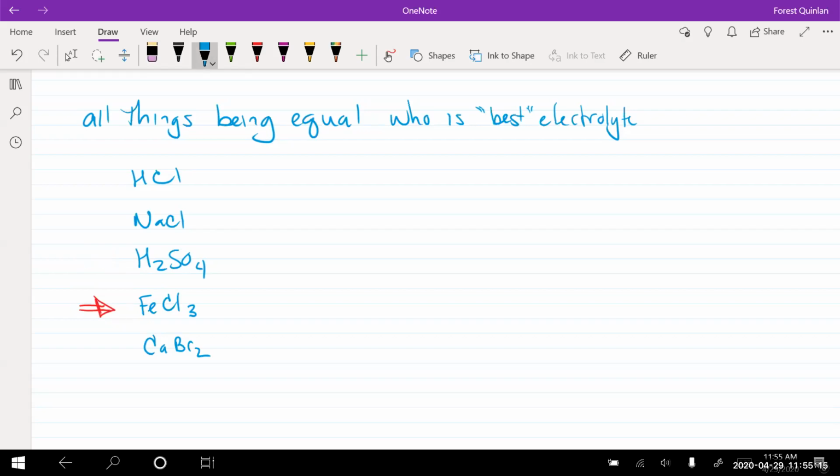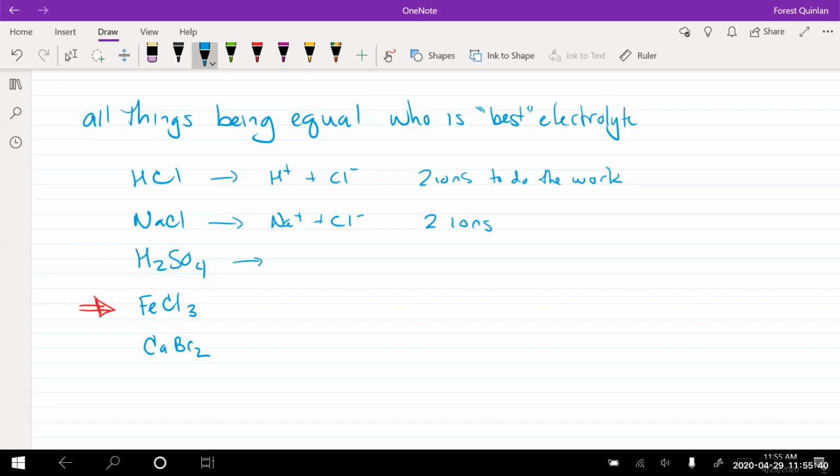If we take a look, this HCl breaks up into an H plus and a Cl minus. 2 ions to do the work. NaCl breaks up into Na pluses and Cl minuses. Again, 2 ions. H2SO4, this is pretty good.